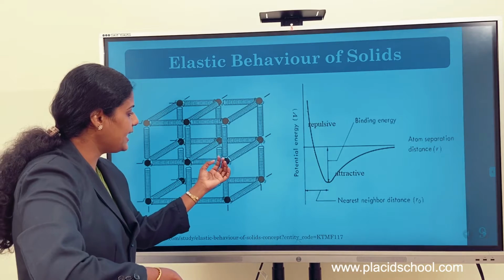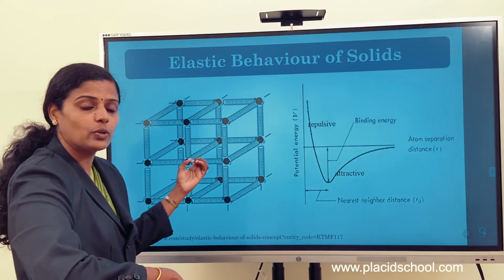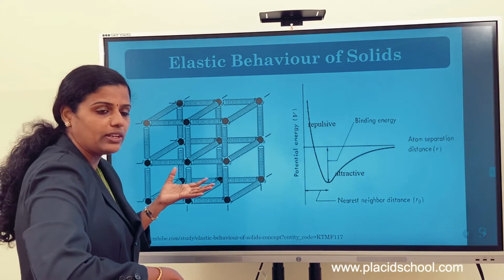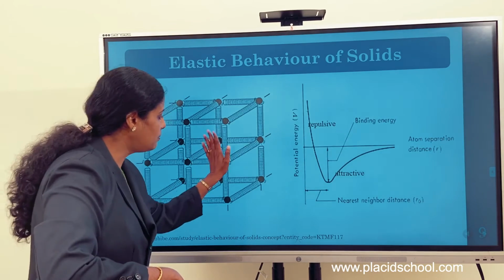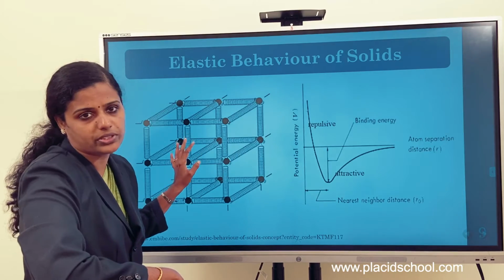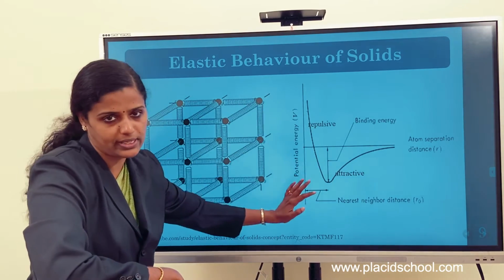If we displace any atom from its position, what happens? It's like a spring. If we displace one atom and remove that force, it regains its original position. Or if we compress the molecule, it again regains its original position. So this is the elastic behavior of solids.